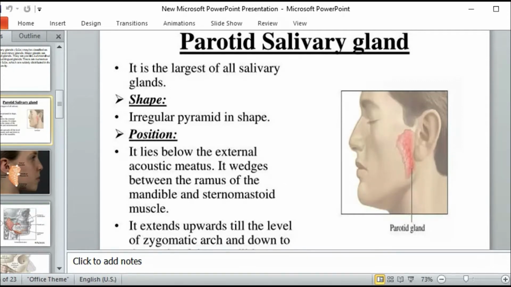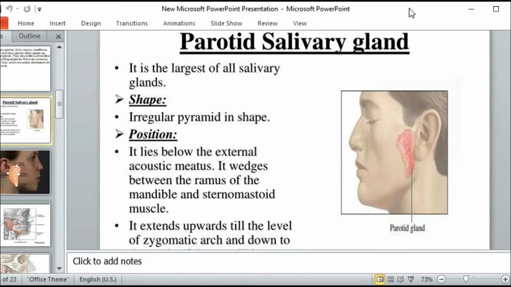It is present on each side of the face. It is triangular in shape. The shape of the parotid gland is triangular, and it is divided into the deep lobe and superficial lobe. The deep and superficial lobes are separated by the facial nerve.